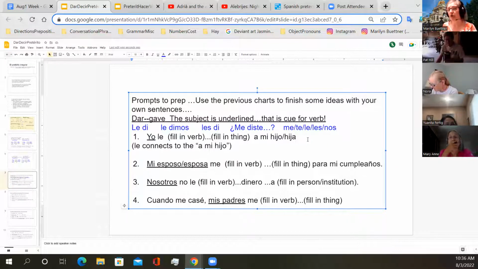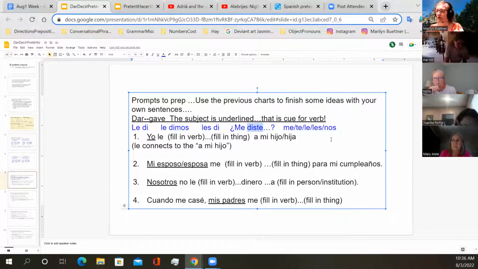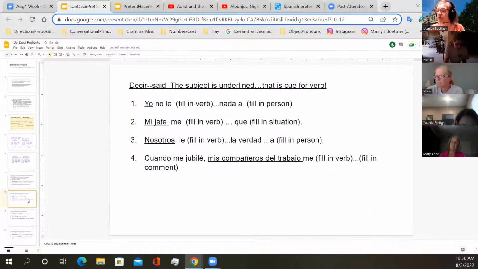The verb is not conjugated for who gets it, right? The verb is conjugated for who is doing the giving. But that little pronoun that comes in front of the verb signals who is receiving the action of dar. So you'll almost never in isolation hear just di or just dimos or just diste. It's always going to be paired up with a pronoun that tells you who's on the receiving end. That's just the nature of that verb.